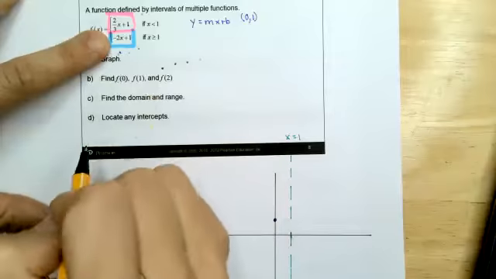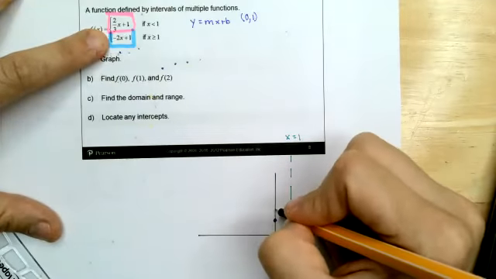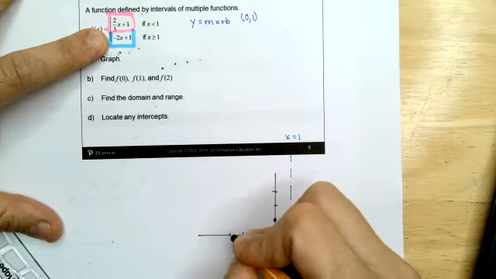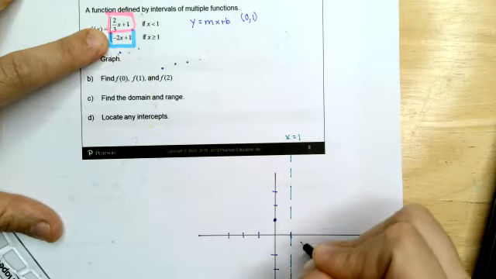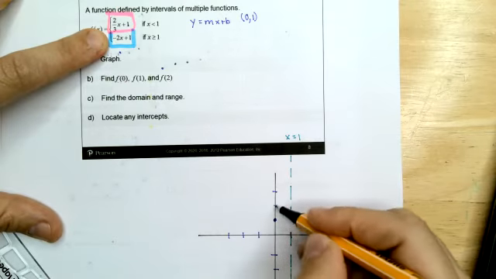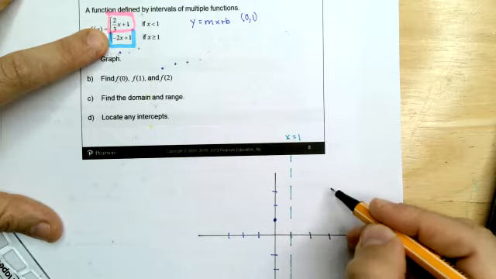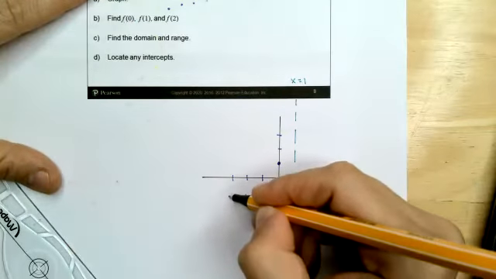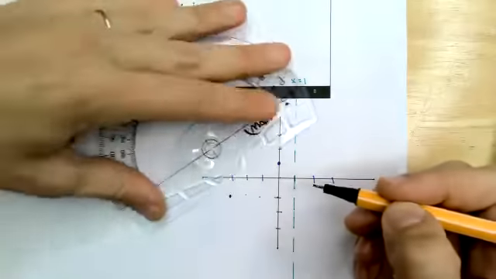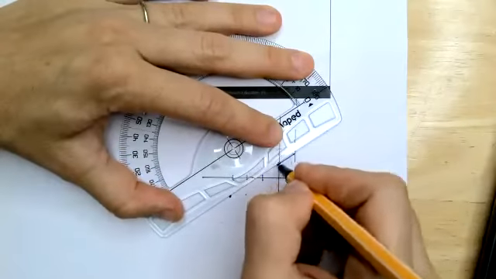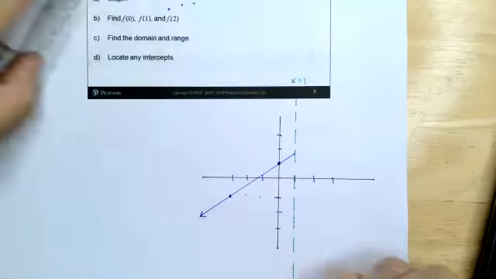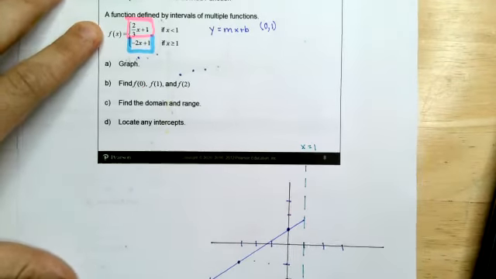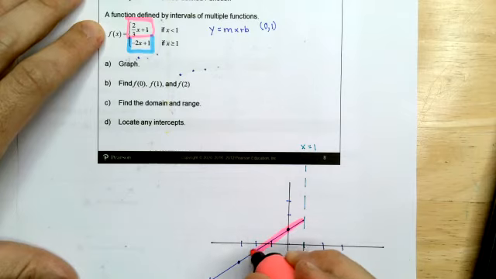And I'm going to go up 2 over 3, but it doesn't exist past this line, so I'll just go down 2 over 3. So here's my line for that first one, 2/3 x plus 1.